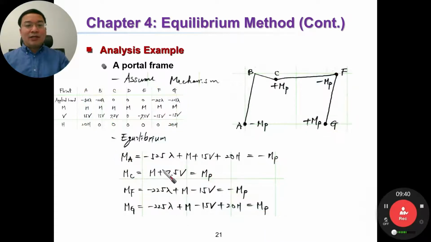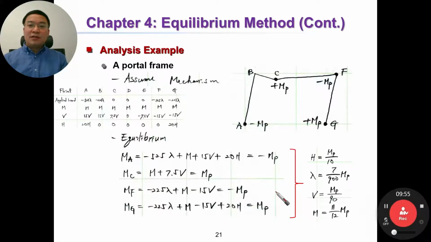So again, we have 4 equations with 4 unknowns. Then you can solve these equations, and we have H equal to MP over 10, lambda equal to 7 divided by 900 MP, and V equal to this one, and M equal to this one.